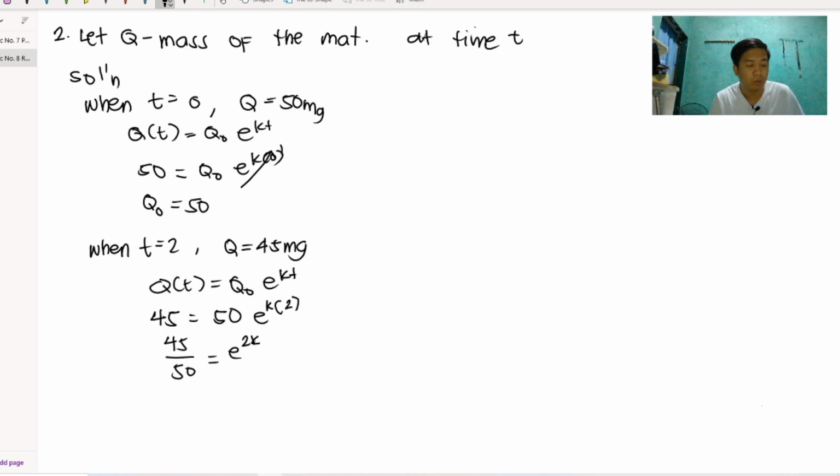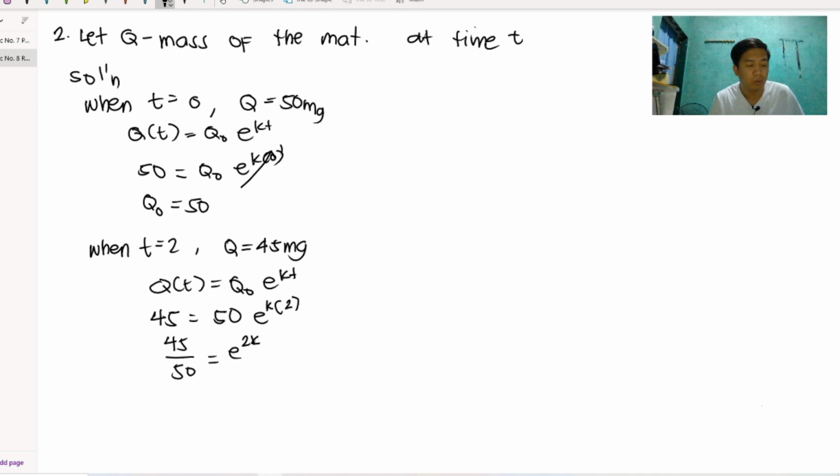Okay, so the question now here is find the mass of the material after 4 hours. So when T is equals to 4, we're now looking for the value of Q. So Q of T with respect to time, or when it comes after 4 hours, Q sub O E raised to KT.